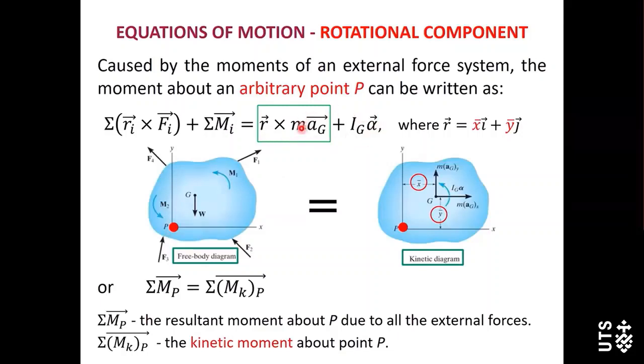On the right side, we have so-called kinetic moment. This includes IG times angular acceleration alpha, and kinetic moment calculated using the calculation of mass center point G. Here, this item.